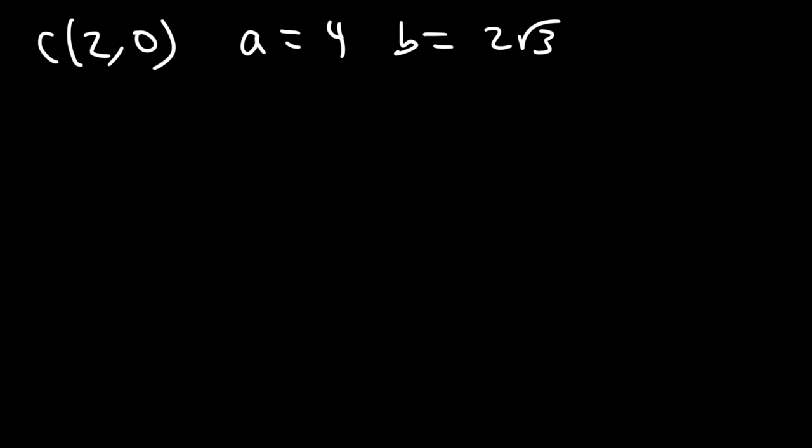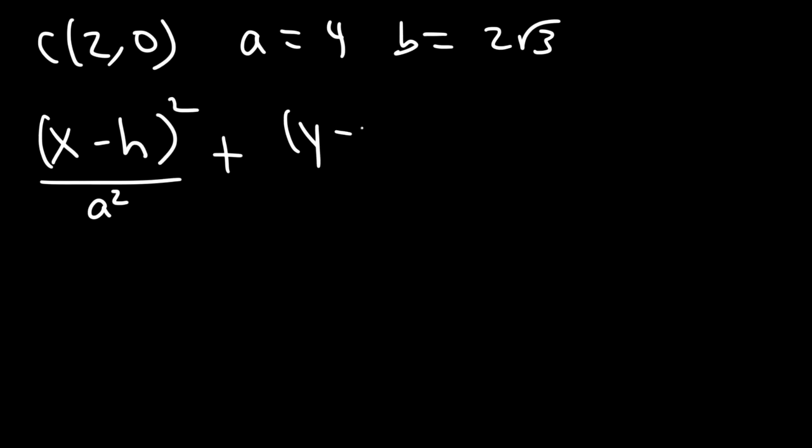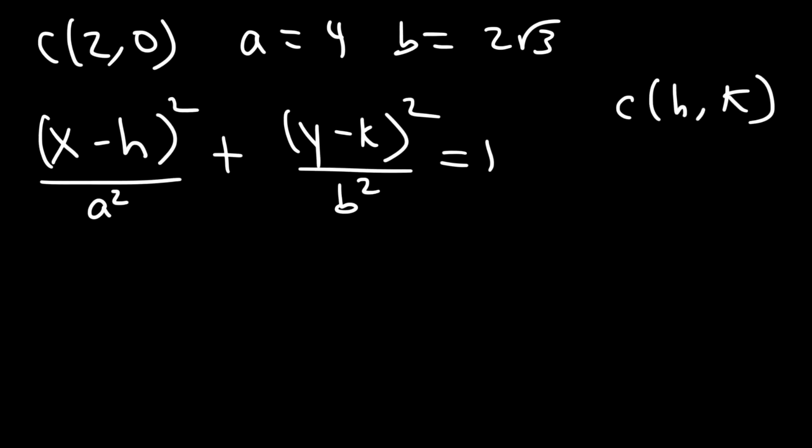The major axis for this particular ellipse is horizontal, so therefore the standard equation is x minus h squared divided by a squared plus y minus k squared over b squared equals 1. So we can see that based on the center, h is 2, k is 0. So it's x minus 2 squared over a squared.